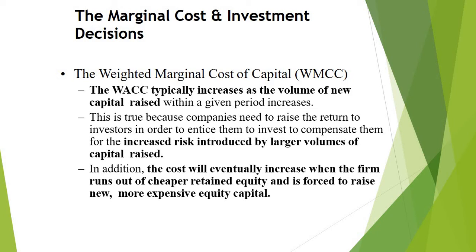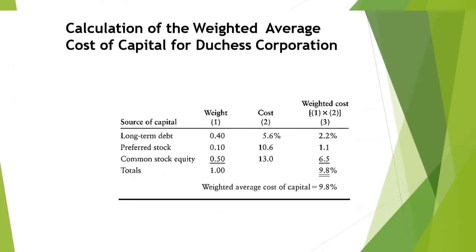In that case, the firm needs to pay more cost because there is always some cost associated with new equity. In the meantime, when a firm raises more capital, investors believe that the riskiness of the firm increases, so they will require more return against their investment. So firms need to pay more against new sources of equity, and this is why the weighted marginal cost of capital increases if the firm raises new capital.